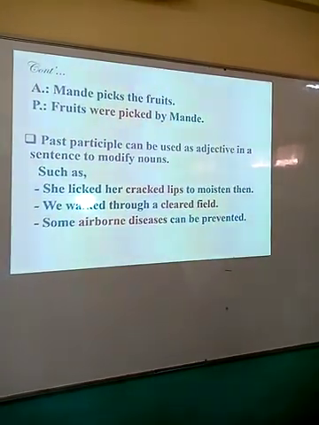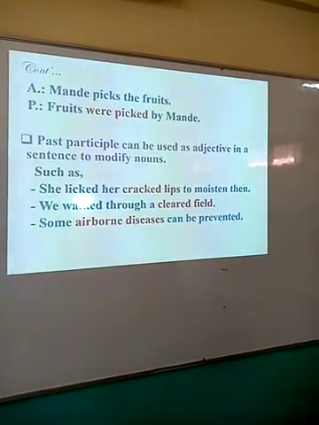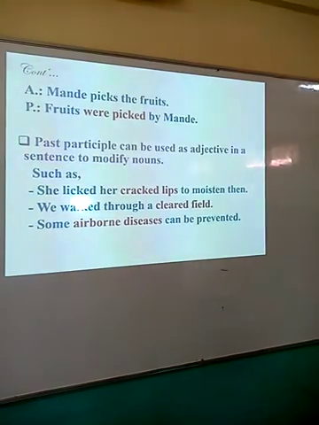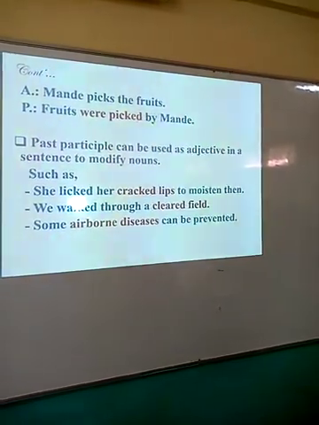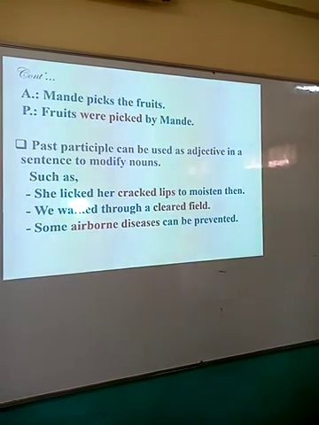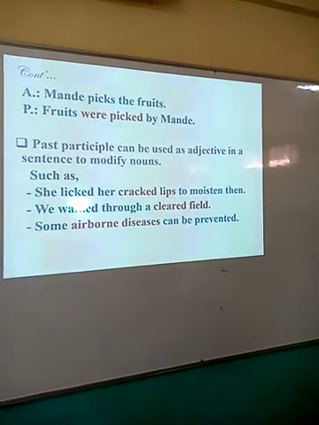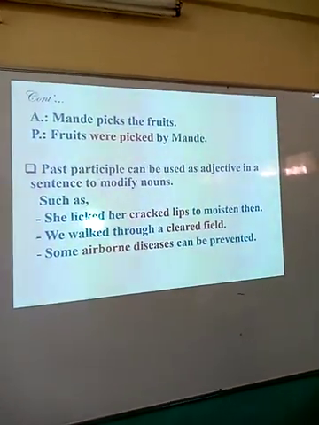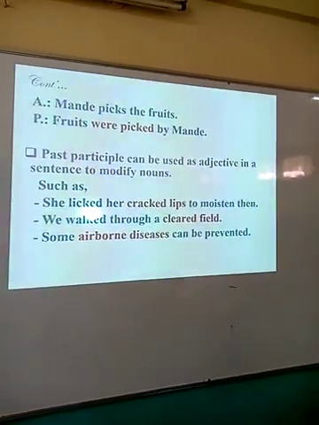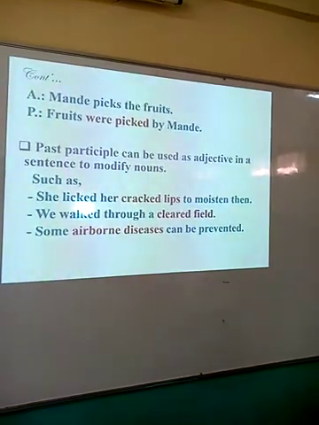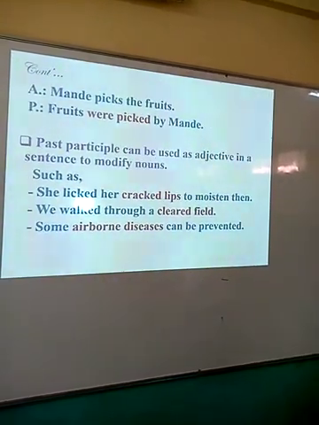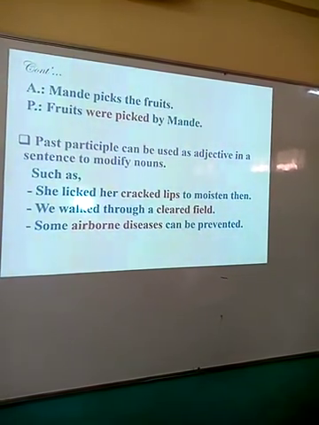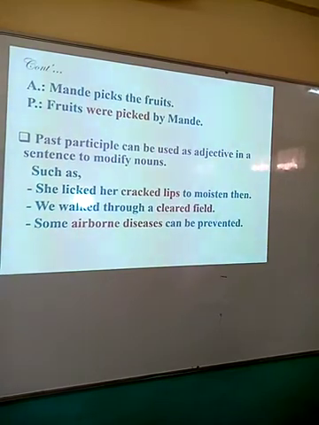A past participle can be used as an adjective in a sentence to modify nouns. The examples are there. She licked her cracked lips to moisten them. We walked through a cleared field. Some airborne diseases can be prevented. Cracked lips, cleared field, airborne diseases are examples of past participles that are used together with nouns to modify them.